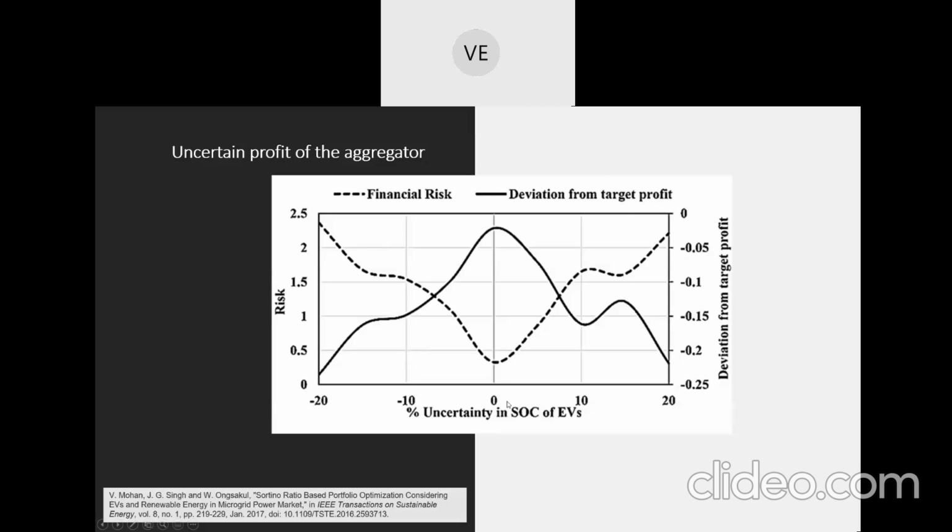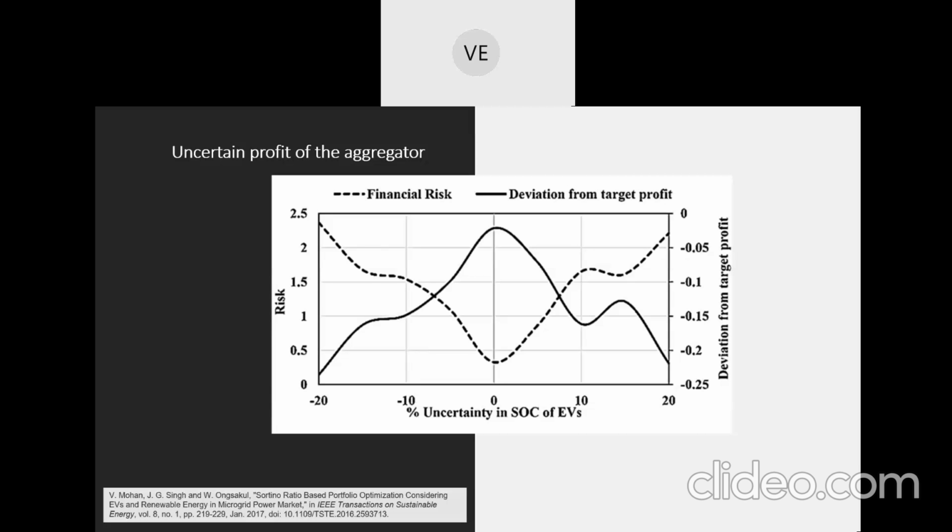Now, what will you do if you have a positive uncertainty? That means more SOC than what is estimated is there. That means for discharging, enough electric vehicles are available, but for charging, a sufficient number of electric vehicles may not be available because state of charge is already there. No need of charging, right? So the scheduled power has to go somewhere, especially if it is from renewable energy sources, it is available there.